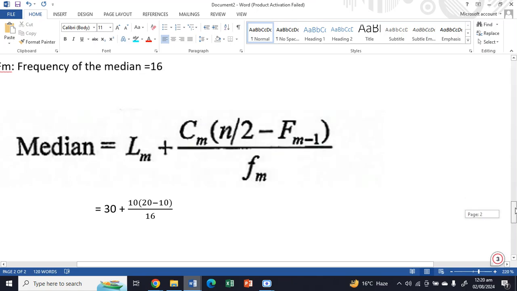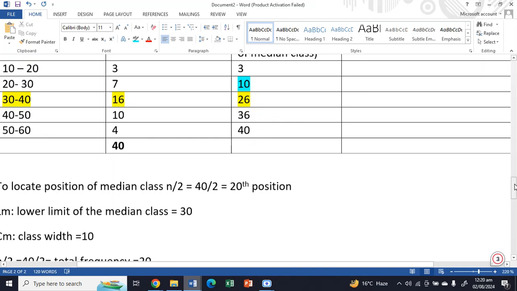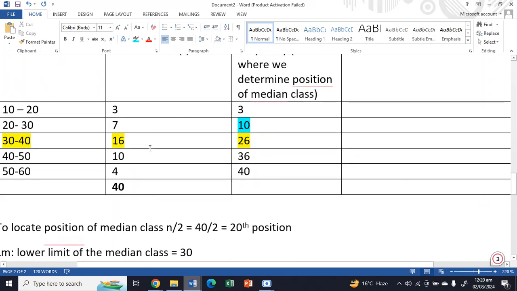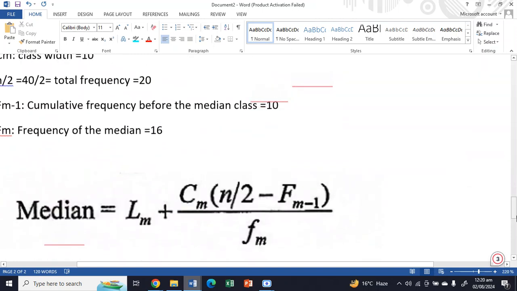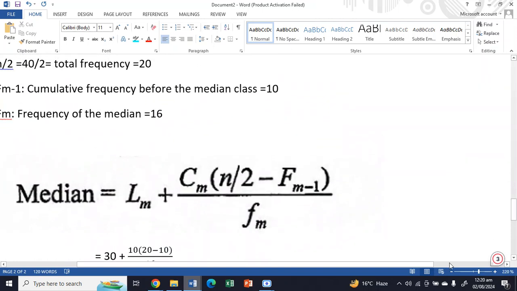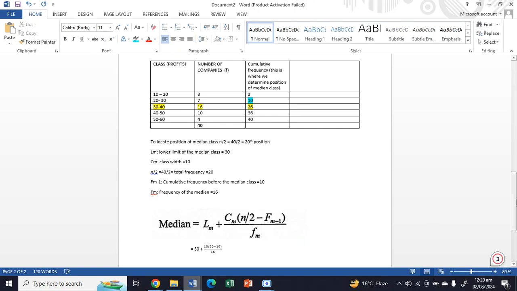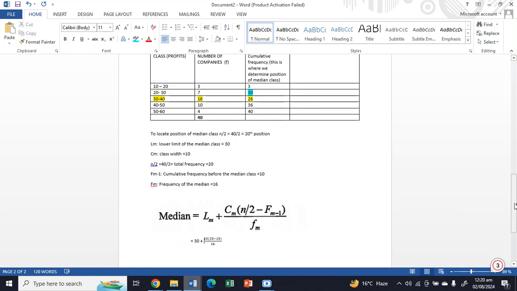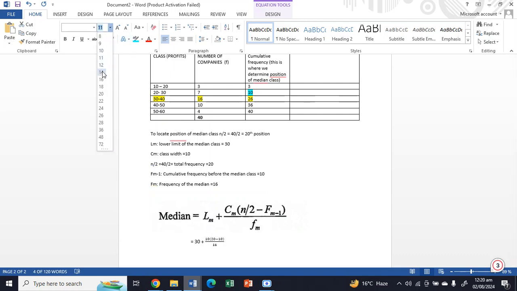Frequency, not cumulative frequency, but frequency. Yes, which is this 10 here I've highlighted in blue.